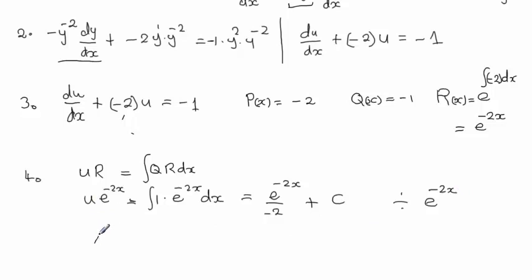And doing that, you get u of x equals minus half, dividing here by that, you get 1 plus c e to the power 2x. And according to what we saw before, we said u was equal to y to the power minus 1.